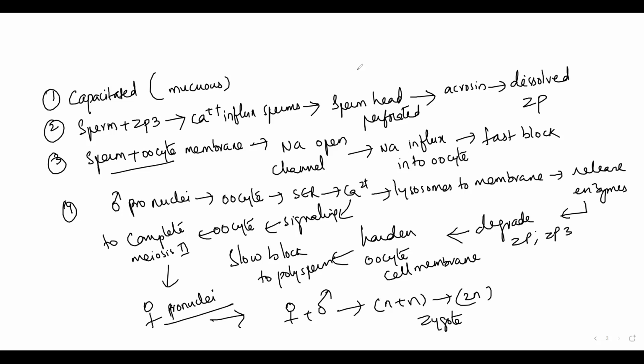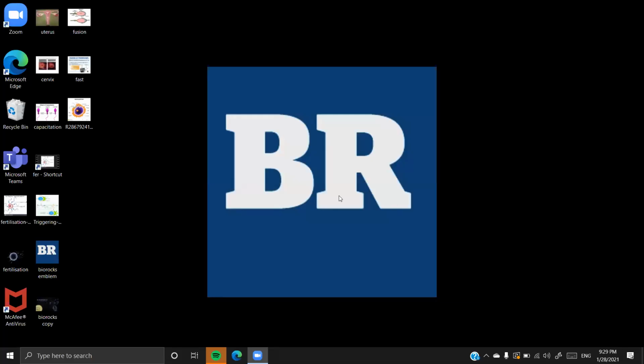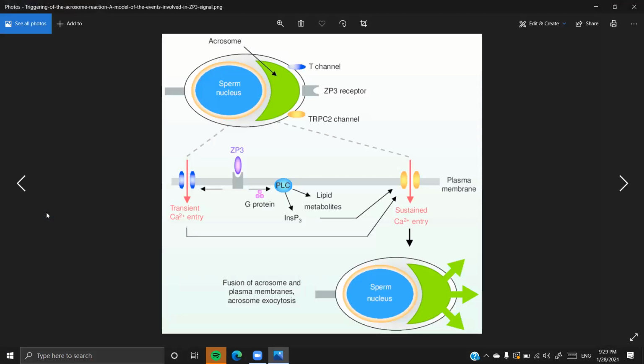Let me see if I have some of these slides for you, such that I can show you and clear your concepts of the acrosomal reactions and the fast and slow block to polyspermy. Okay, so let me see the acrosomal. Yeah, so acrosomal, you can see here.